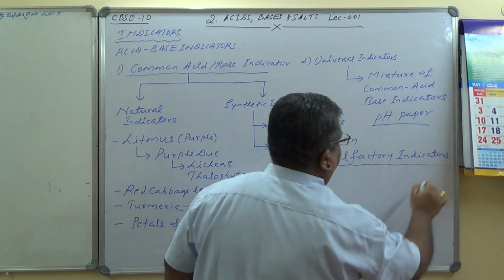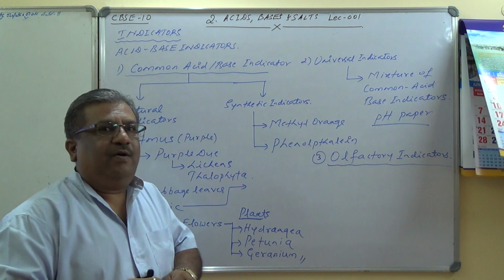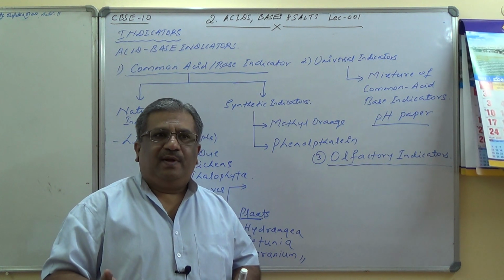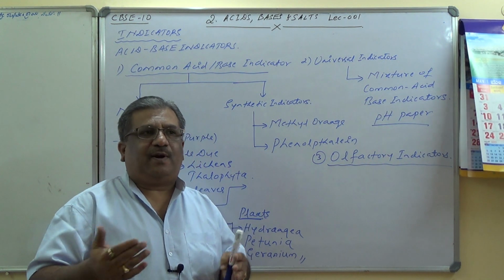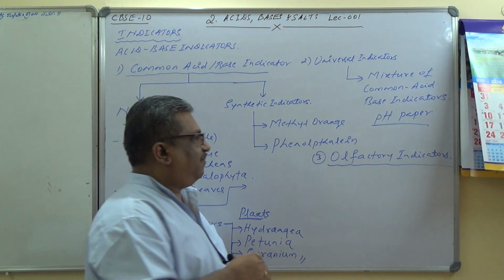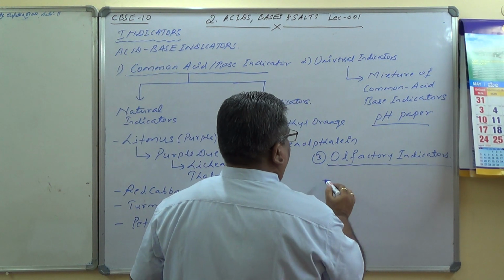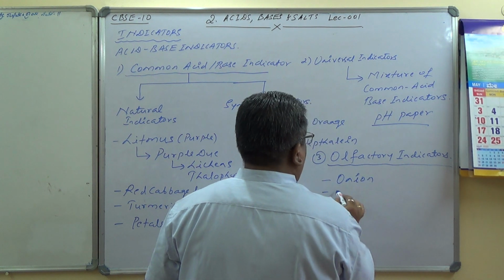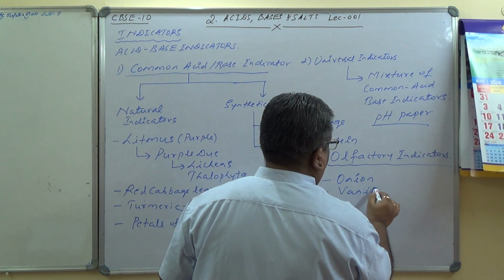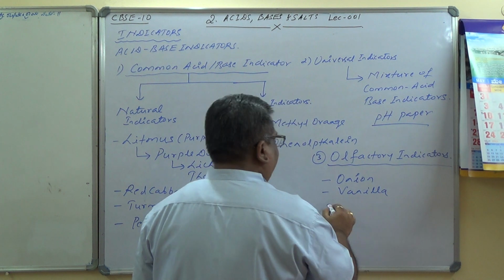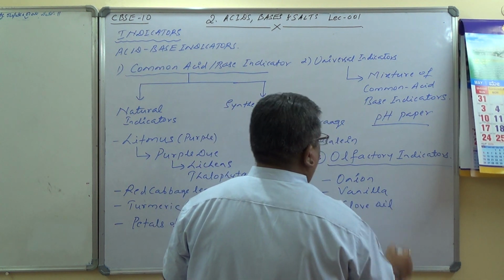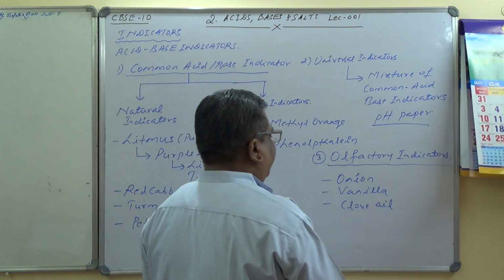See, olfactory indicators are the indicators which change their odor or smell and thereby indicate the presence or absence of acid. Say for example, we have onions, vanilla, clove oil. These are all olfactory indicators.